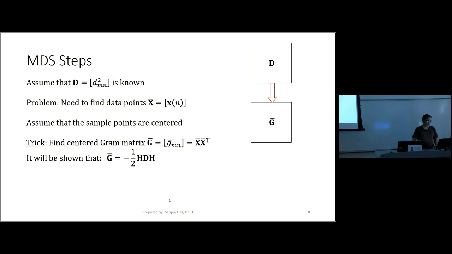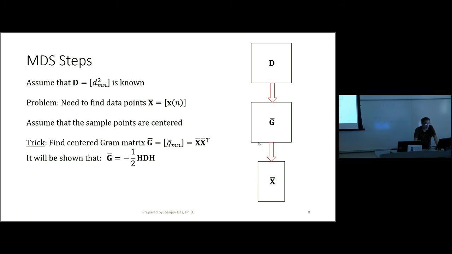What is D? The square distance matrix. What is H? The centering matrix. I defined it here, over here, I defined the centering matrix. And so this is the expression that I will derive.